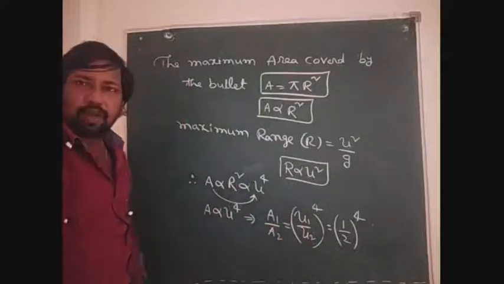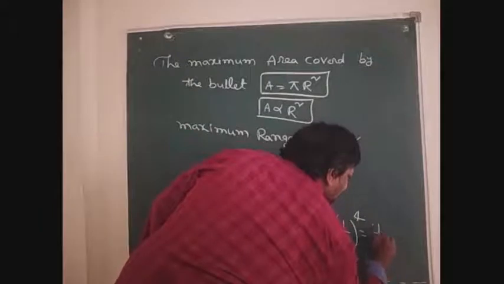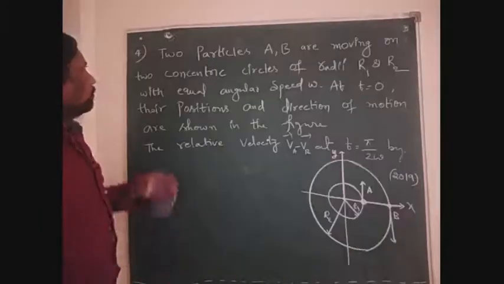In this problem, the velocity of the first bullet is 1 kilometer per second, and of the second bullet is 2 kilometer per second. Therefore 1 by 2 whole power 4, that is 1 by 16. That is the answer.